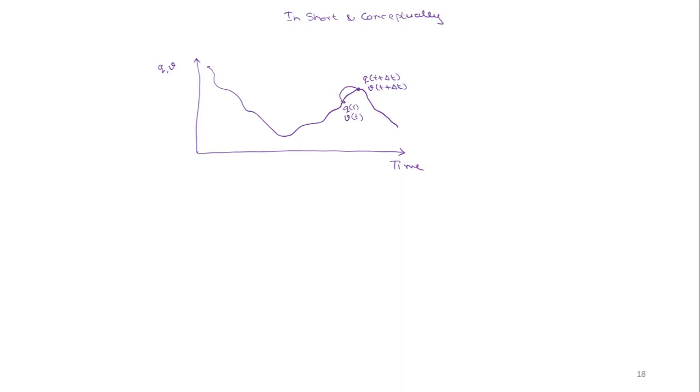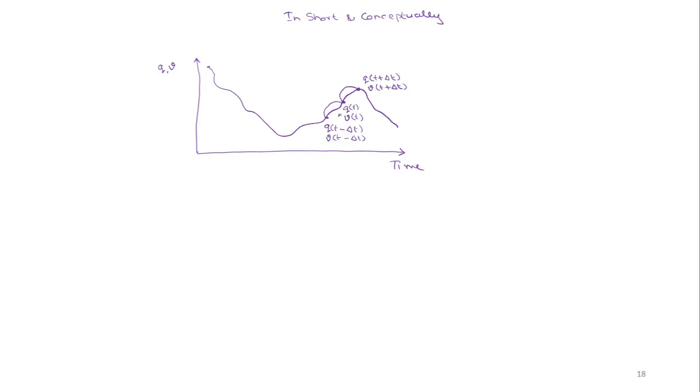But again, to compute the position and velocities at this time t, we would again need the information of the same coordinate and velocity at the previous time step, that is q of t minus delta t and velocity of t minus delta t.